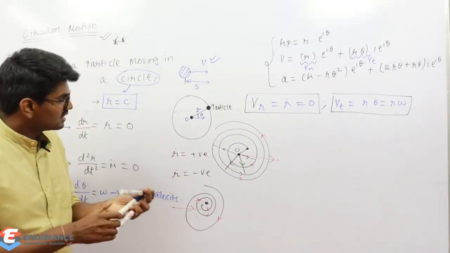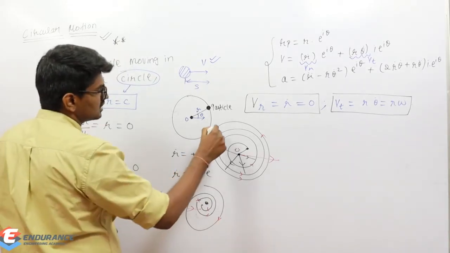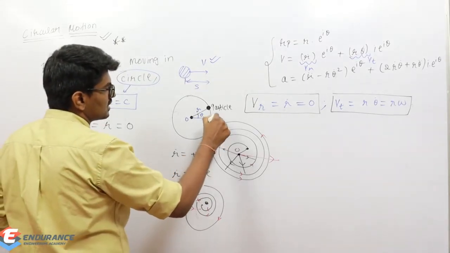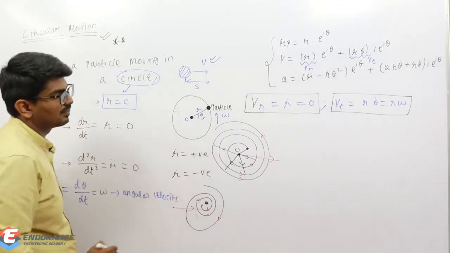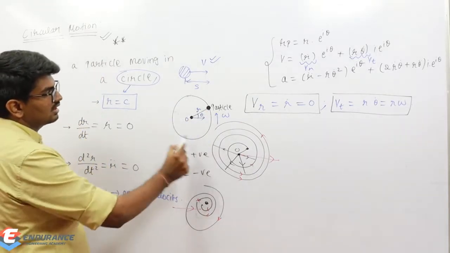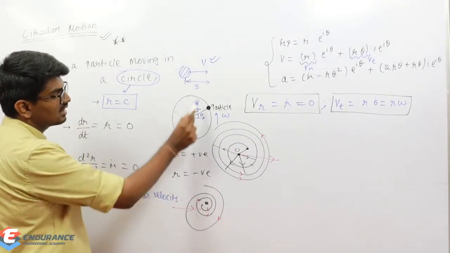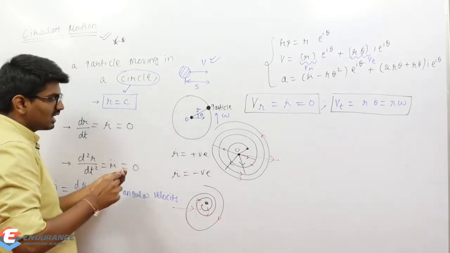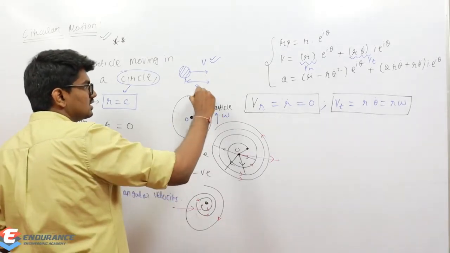And how does the tangential velocity act? If the particle is moving in an anticlockwise direction with angular velocity omega in a circular path, then my tangential velocity Vt will be like this.